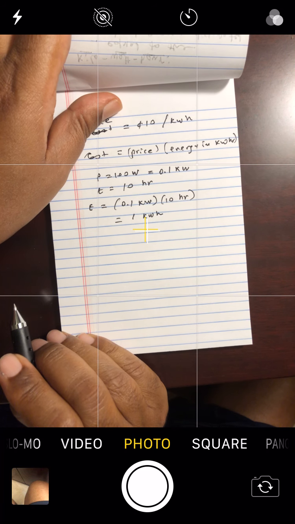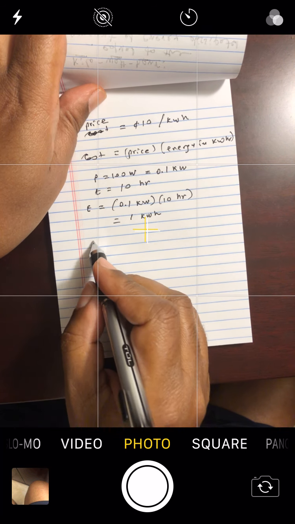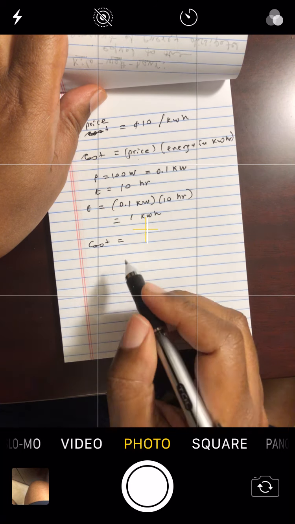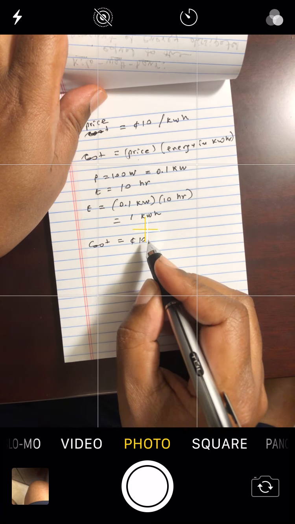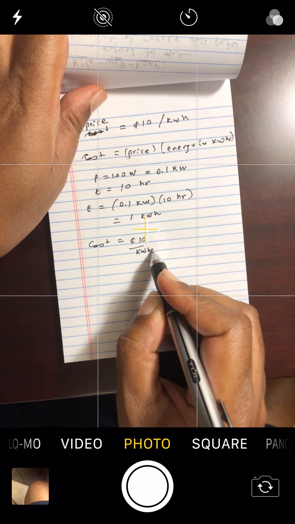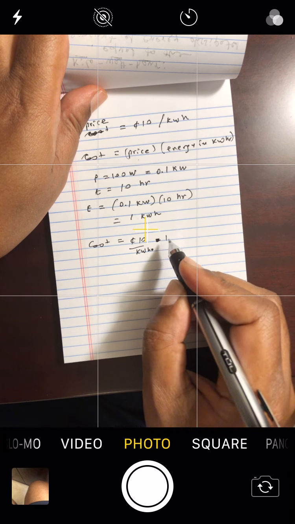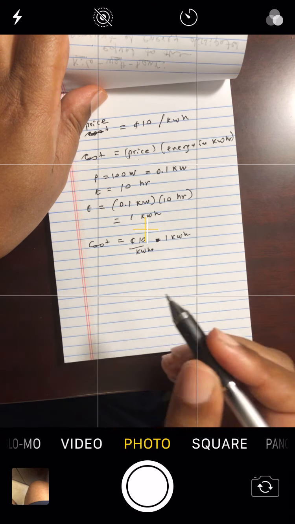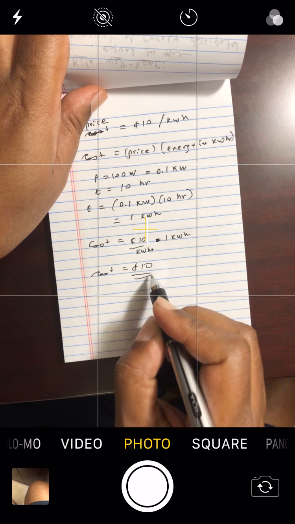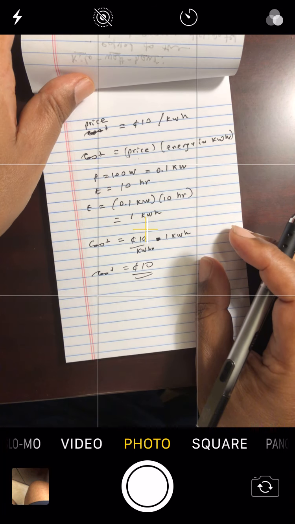So the cost is the price, which is 10 cents per kilowatt hour, and the energy used is simply 1 kilowatt hour. So that costs 10 cents, because the device used just 1 kilowatt hour in 10 hours.